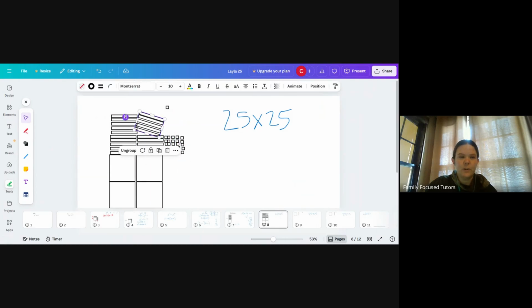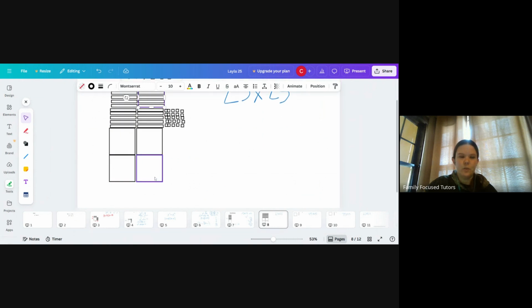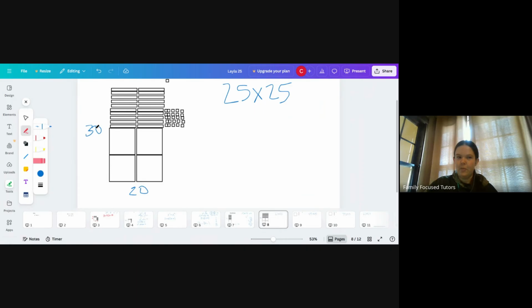So we're going to make this square just a little bit different. So now we have 20 times 10, 20, 30. So we took 5 from one side and gave it to the other and made it 30.